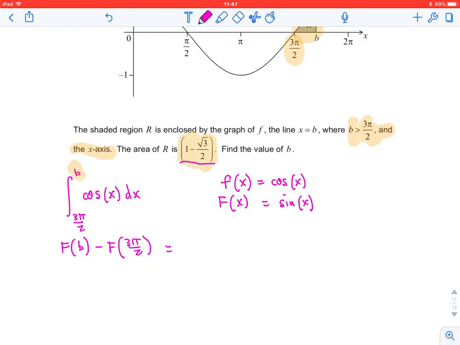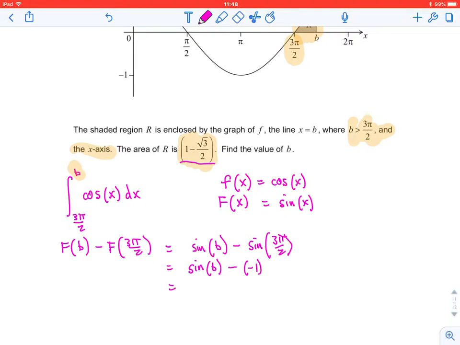So that is going to be sine of b, that's at the upper limit, minus sine of 3 pi over 2. And so this just simplifies. Sine of b stays as sine of b, but we can evaluate sine of 3 pi over 2 and get that that's negative 1.